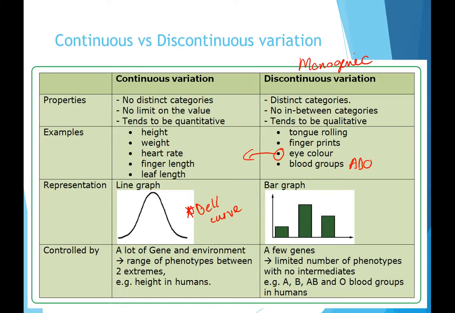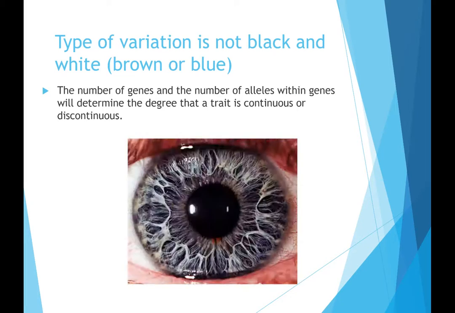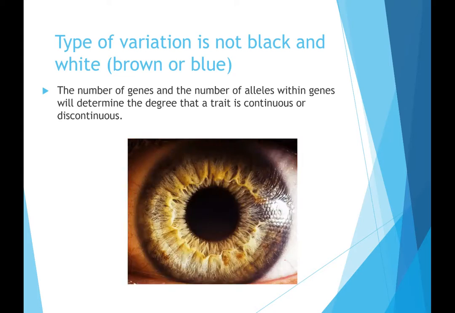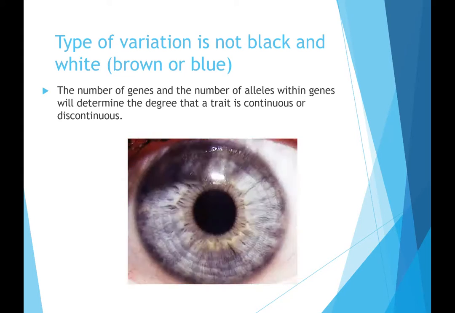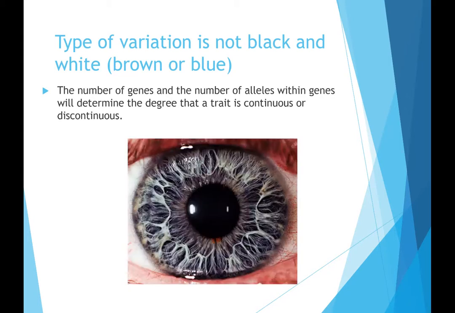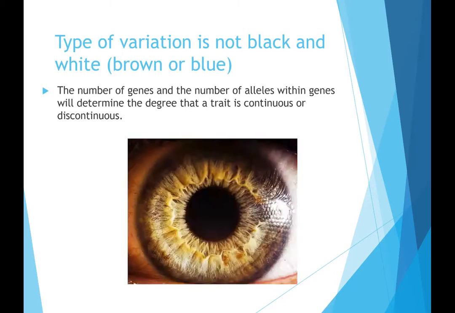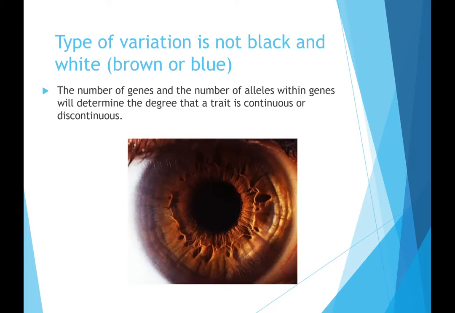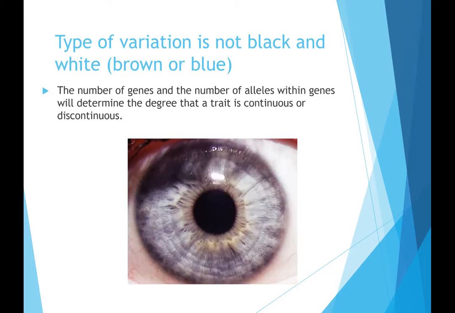So there's a lot of gene and environmental influence in terms of continuous variation, and we're going to get a range of phenotypes between 2 extremes, okay? All right, so the type of variation really isn't black and white or brown and blue if you're talking about eye color. All right, the number of genes and the number of alleles within the genes are going to determine the degree that a trait is continuous or discontinuous.